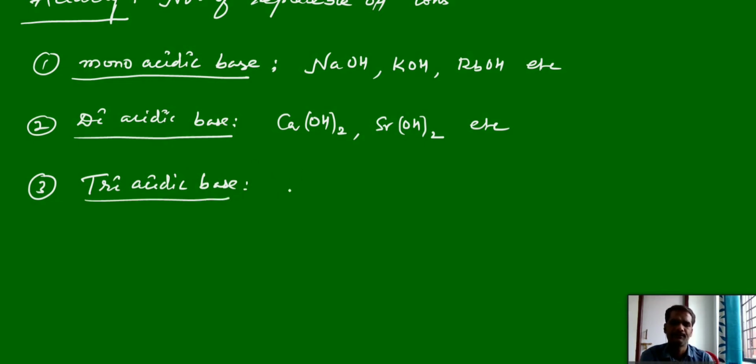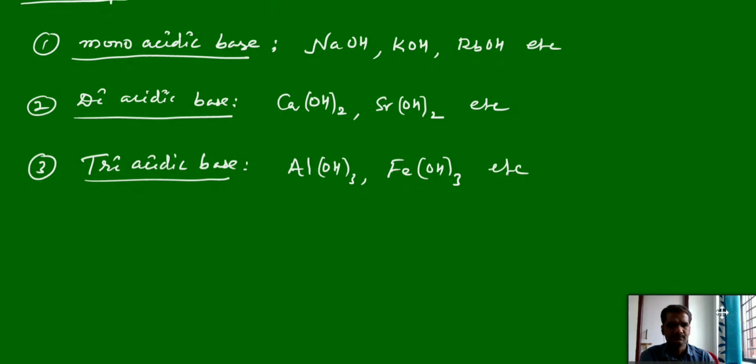Examples: Fe(OH)3, aluminum hydroxide, ferric hydroxide, chromium hydroxide, we can take some examples. These come under triacidic bases. Mostly mono, di, tri is enough. Tetra and poly are not required here. So, this is about the base.